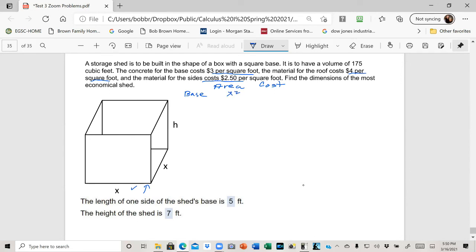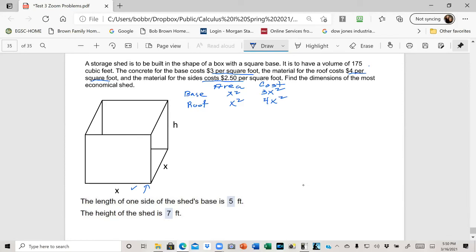And it costs $3 per square foot, so it's going to be costing 3x squared. And then the roof is the same area, and it's going to cost $4 a square foot, so it'll be 4x squared.